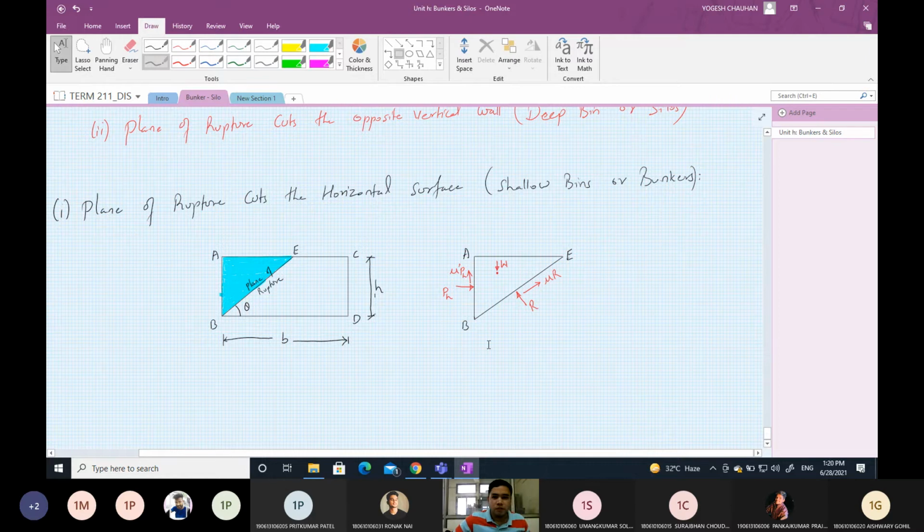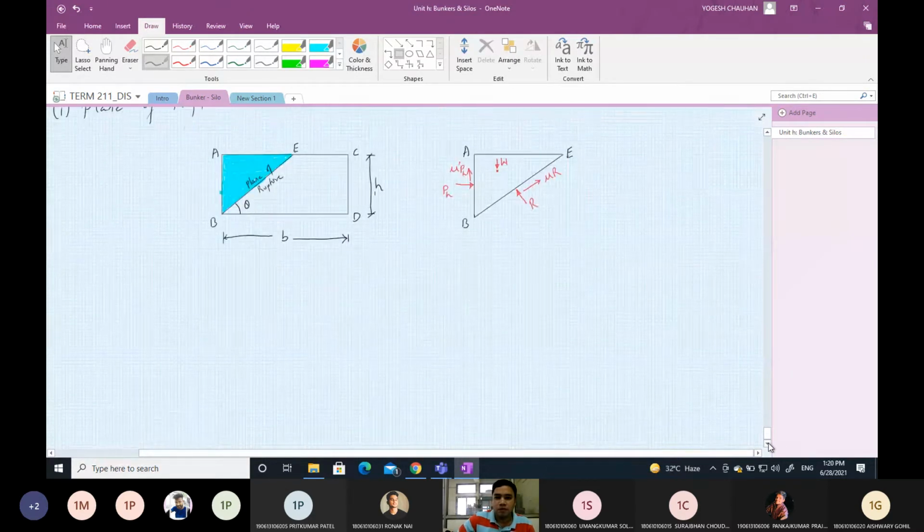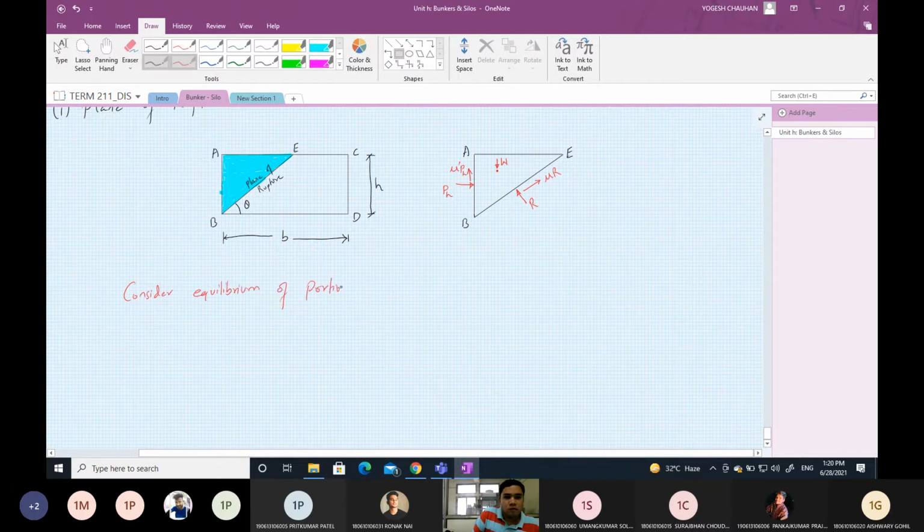So now consider the equilibrium of portion ABE.